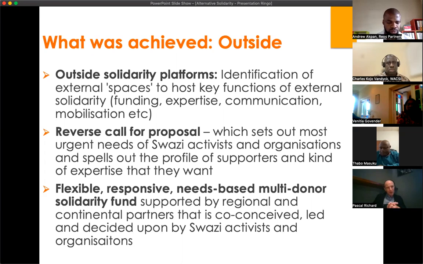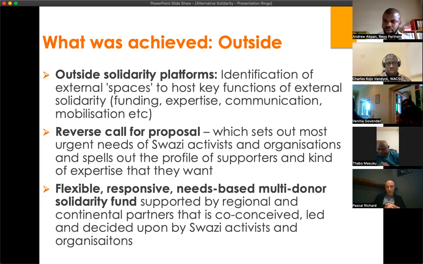And the other one was something that is probably familiar to you and nothing out of the extraordinary: a solidarity fund, which would be flexible, responsive, and needs-based, and we need a space to host that. So we're happy that, through engagements, Civic has offered to host that fund, and there are interests in supporting it.